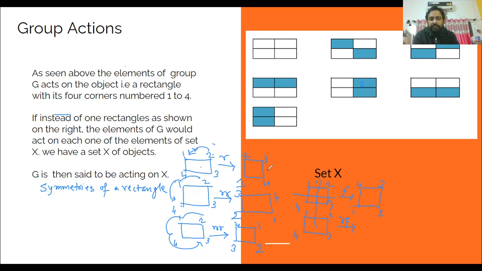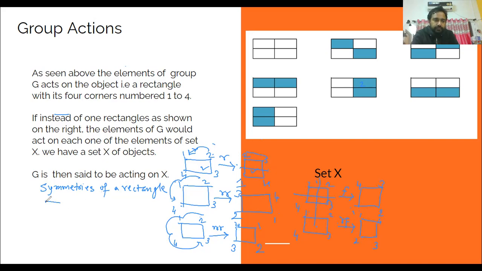R to this configuration brings us here. So we just have to apply a flip to this configuration. So 2 and 3 are at the top, we get 2 and 3 at the bottom, and 1 and 4, which are at the bottom, go to the top.